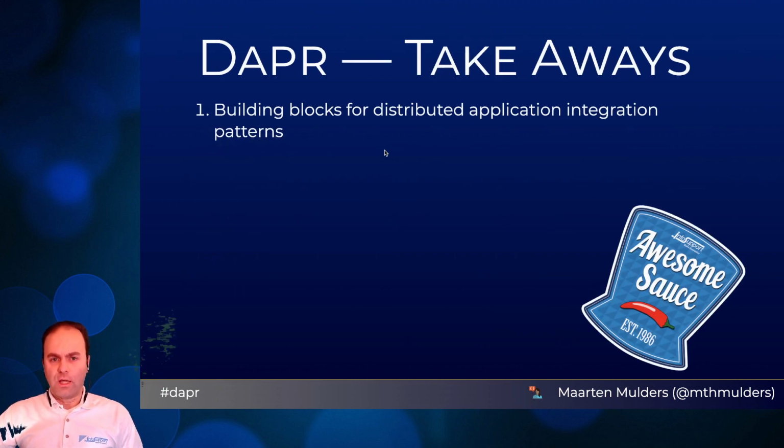So we've almost come to the end. There's a few things that I would like you to take away with regards to Dapr. What is Dapr all about? Well, Dapr is all about abstracting the cross-cutting concerns in your distributed application landscape. Common integration patterns solved using standard building blocks, which you can invoke using APIs over HTTP or gRPC.